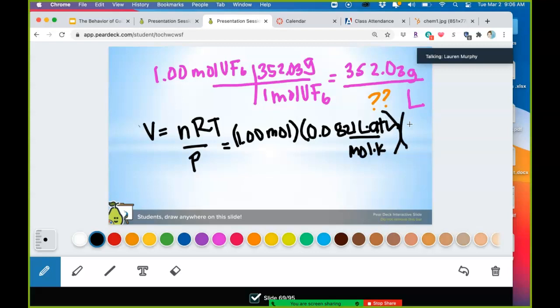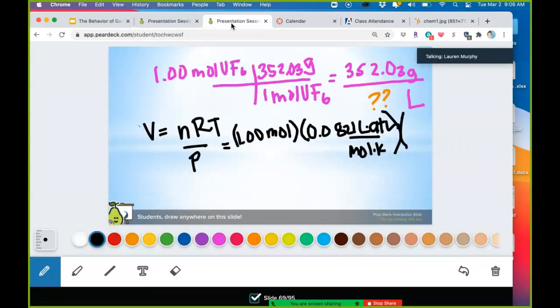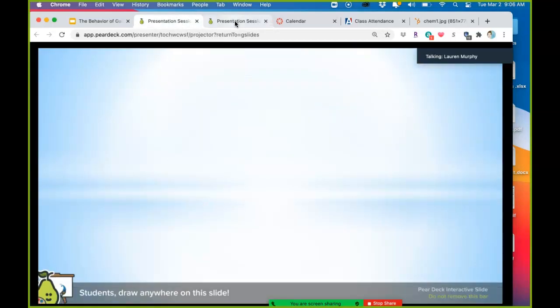And then T is temperature in Kelvin, which was 373, right? 100 Celsius is 373 Kelvin. And the pressure was, I already forgot, 0.974.